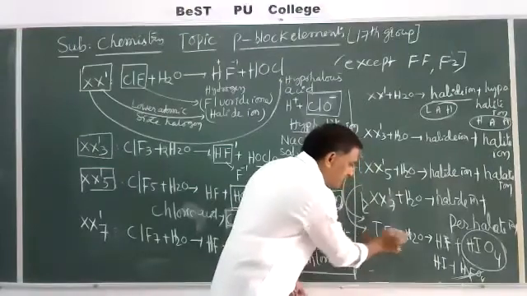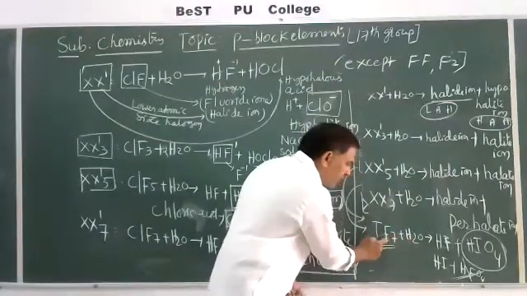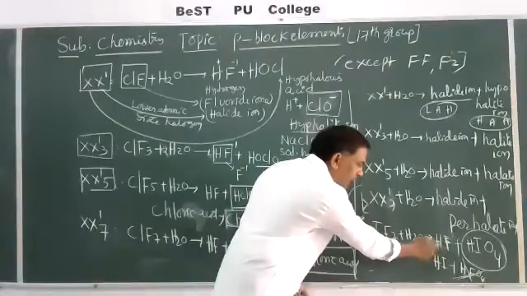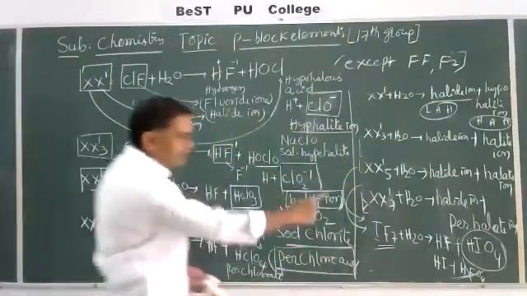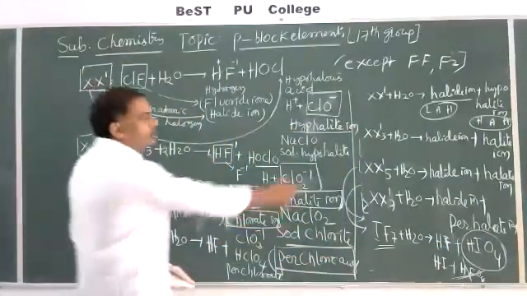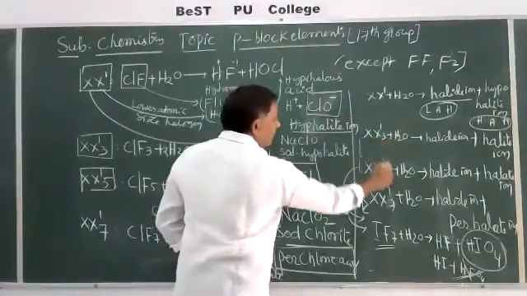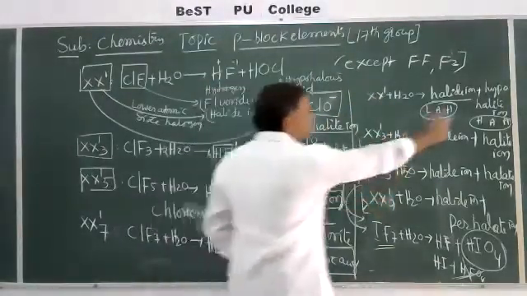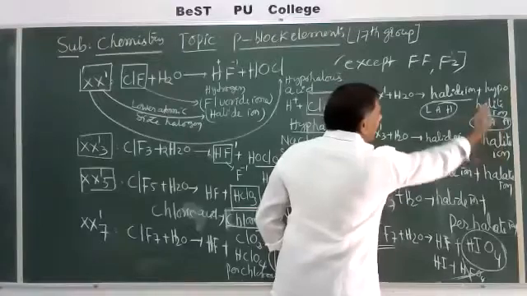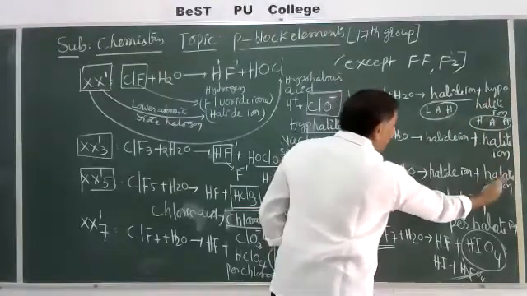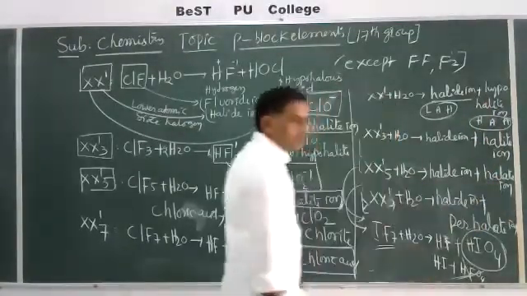So IF7 is reacted with water. The lower atomic number element gives the halide ion, hydrogen fluoride, and the higher atomic number element gives the corresponding product based on the combination, 1, 3, 5, 7. It gives halite, hypohalite, halate, perhalate.